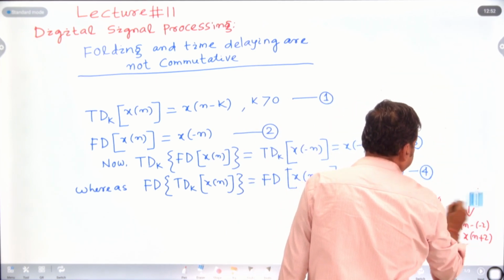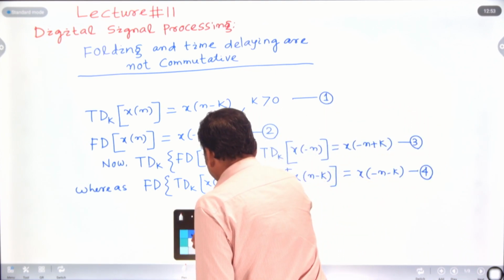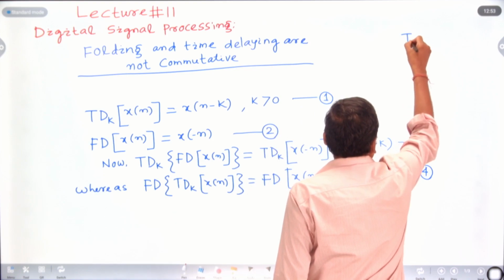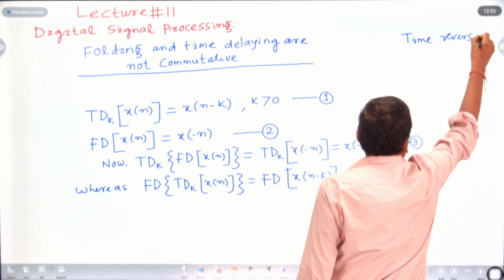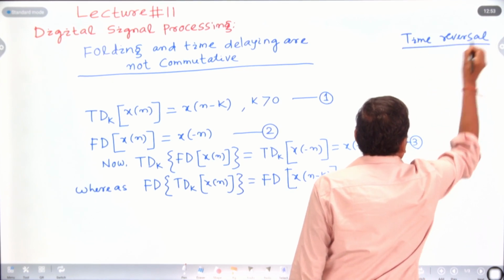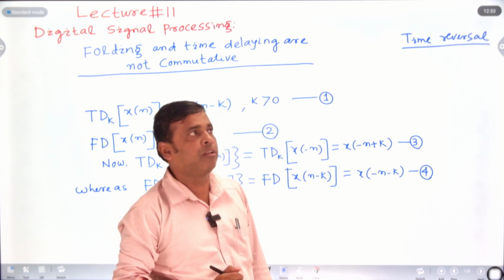Time reversal of a discrete signal x of n. What do you mean by time reversal? Time reversal of a discrete signal x of n can be represented as x of minus n.